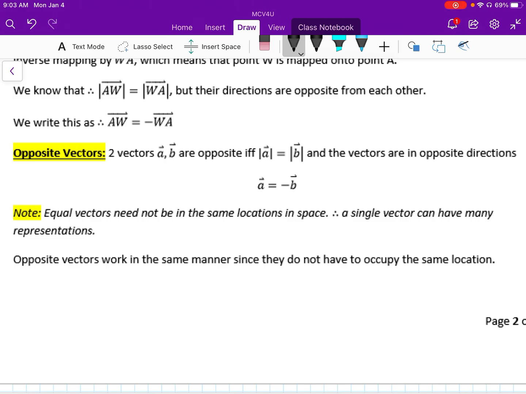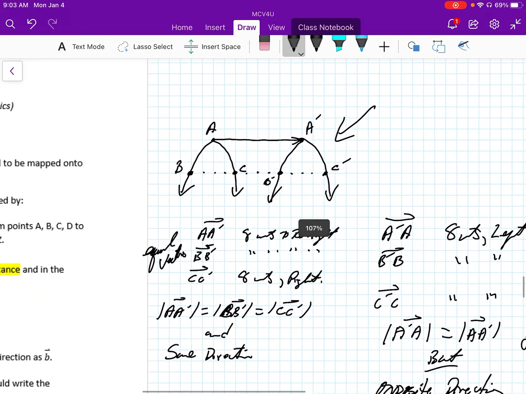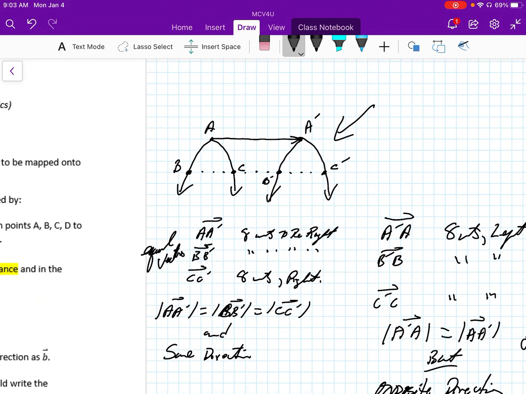If you take a look at A, B, and C in this diagram and the 3 vectors, they are in 2 different spots, right? But we say that they're equal. Equal vectors do not have to be in the exact same spot. We can put them anywhere so long as they maintain their magnitude and their direction.